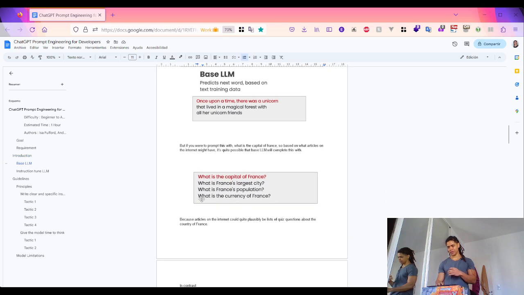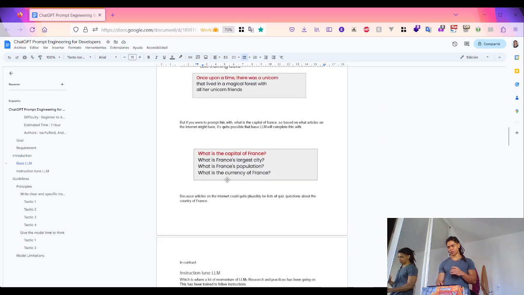The articles on the internet that the model was trained on could quite possibly be lists of questions about the country of France.